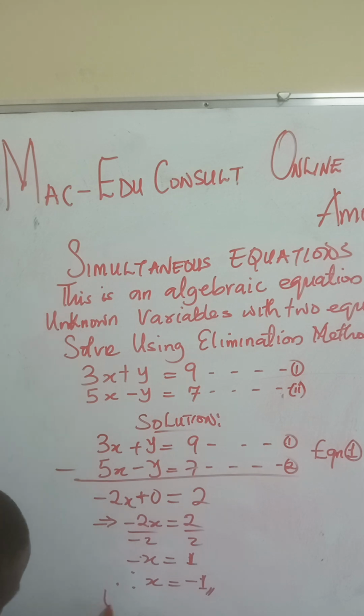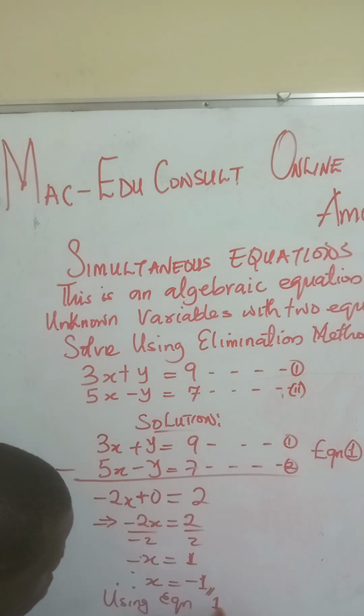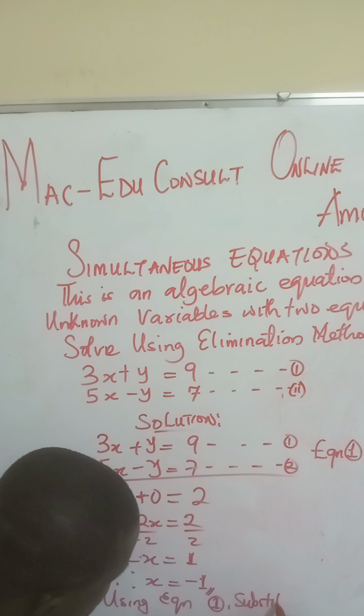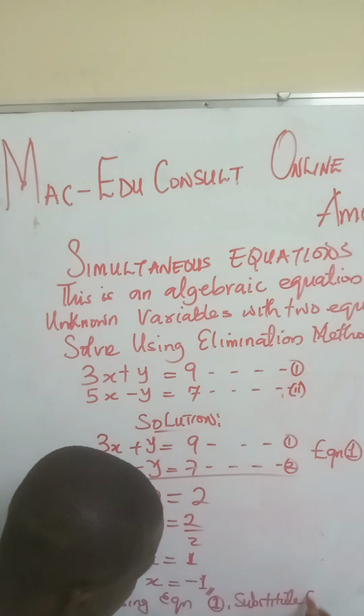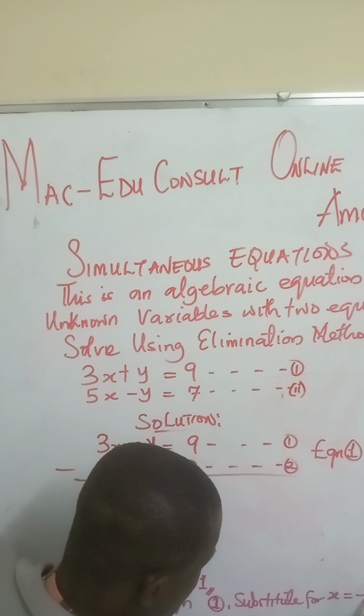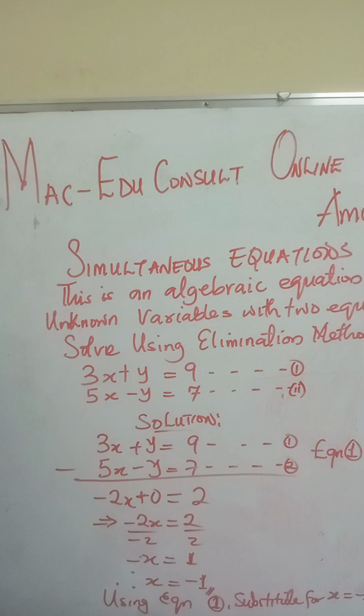If my x is minus 1, definitely I will need to find the solution to y. So I can come and say, using any equation I choose to. So let me say using equation 1, all I need to do is substitute for x equal minus 1. So in equation 1, I substitute x as minus 1.